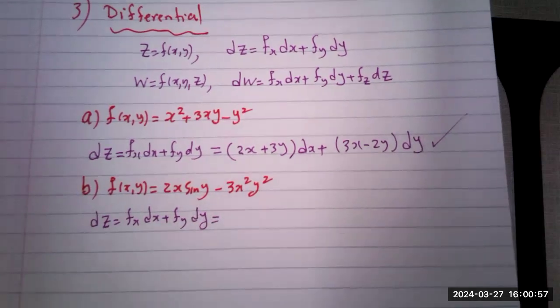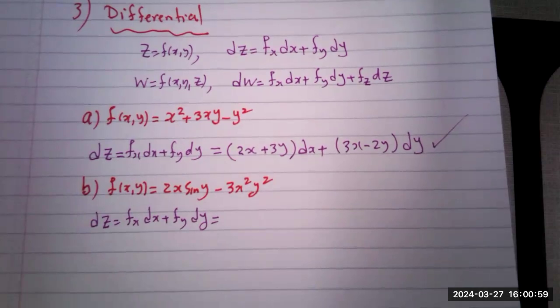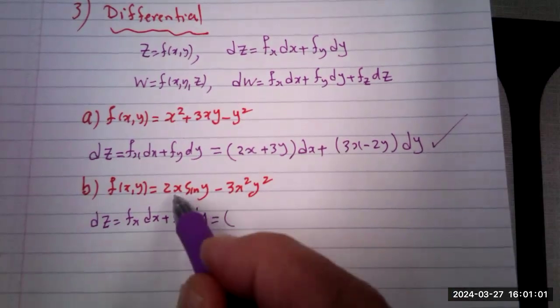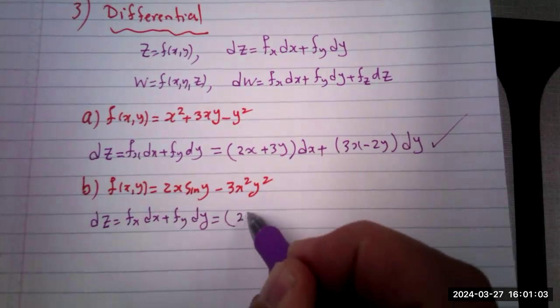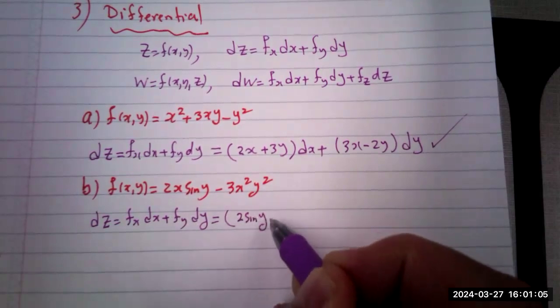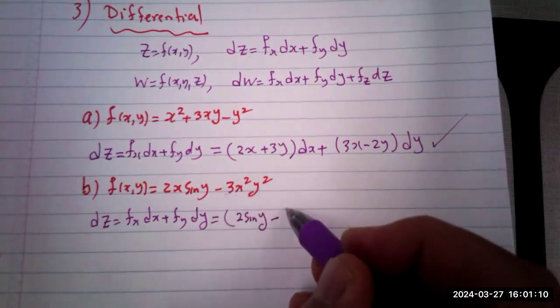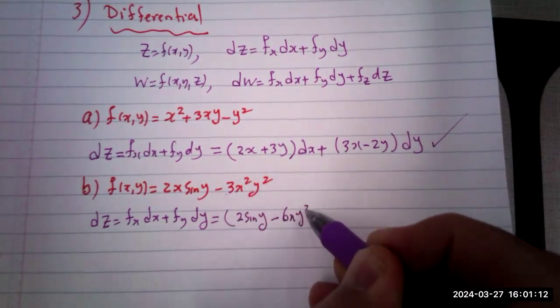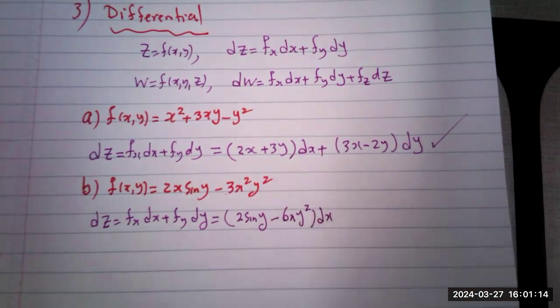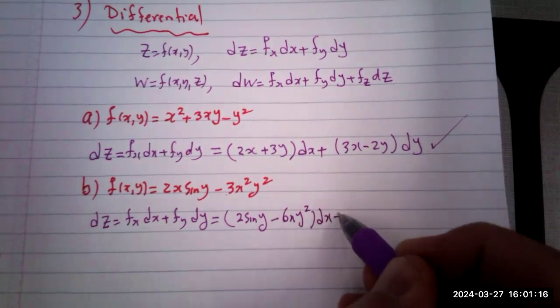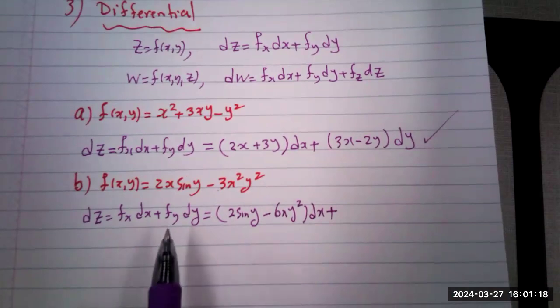To differentiate, focus on x. The derivative would be 2 sine y, minus derivative with respect to x, 2 times 3, 6, 6xy squared dx. Okay, plus derivative with respect to y, focus on y.